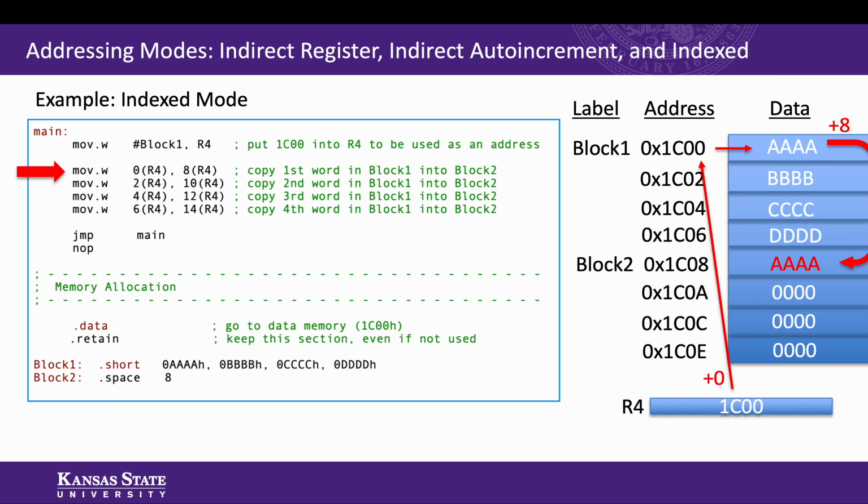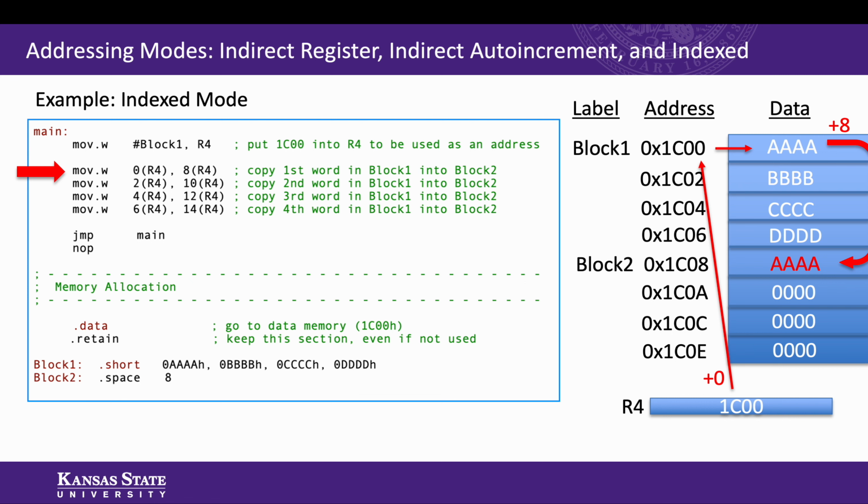Okay, now the next instruction, you'll notice first the syntax of the operand, right? What this is going to do is take R4 and interpret the contents of R4 as an address, and it's going to add 0 to it, so it's going to just leave it as 1C00. So that now points to AAAA in memory.